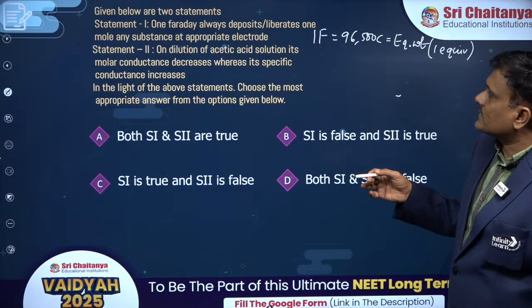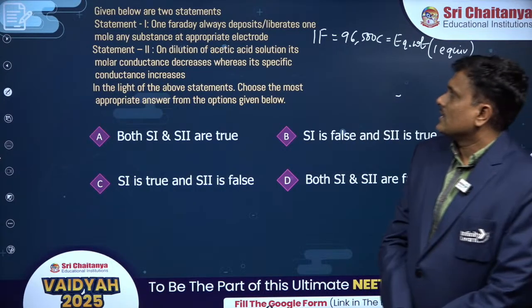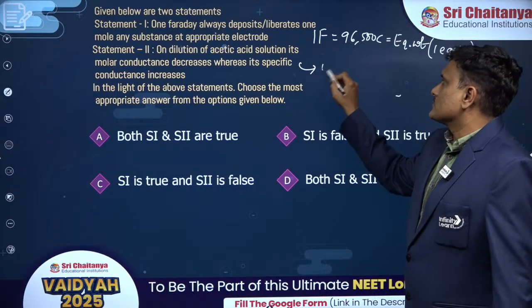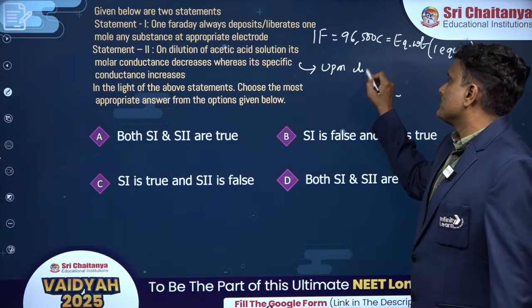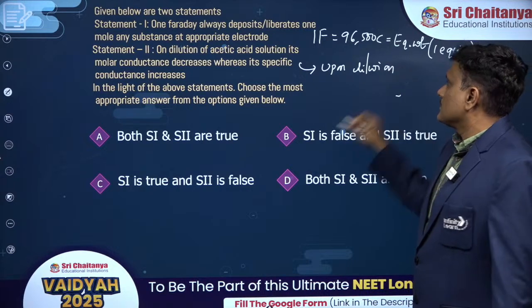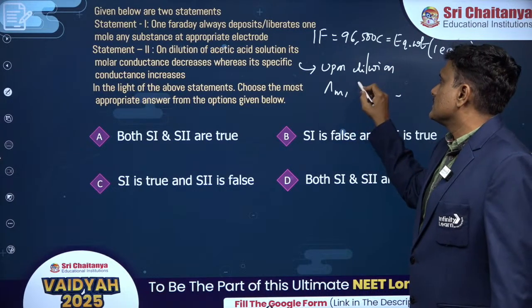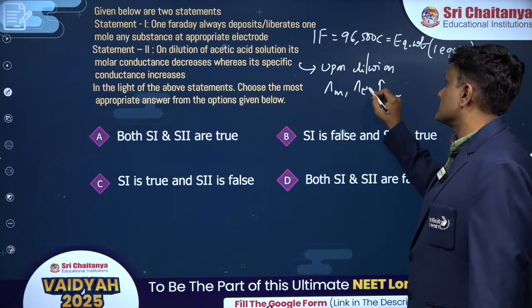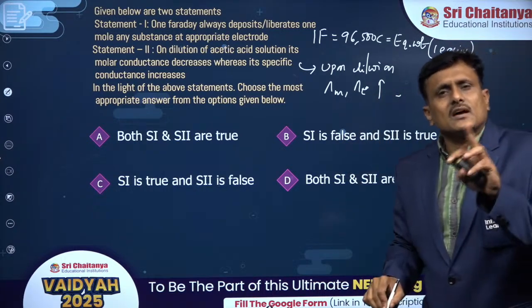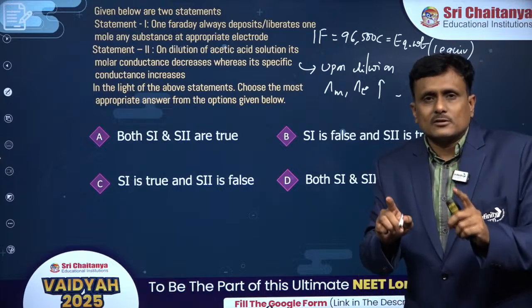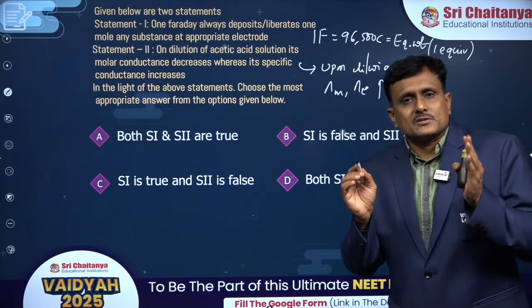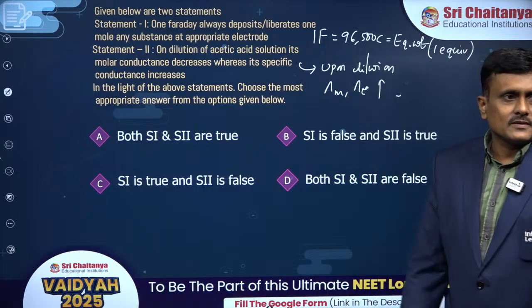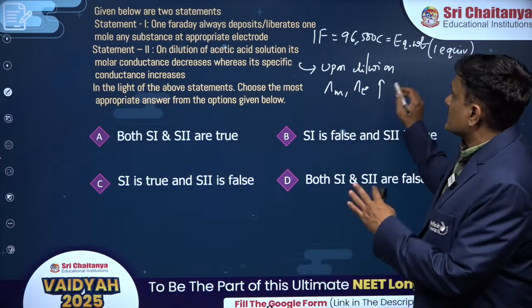On dilution of acetic acid solution, its molar conductance decreases, specific conductance not at all. Remember, always upon dilution, molar conductance and equivalent conductance increase because more ions are formed, isn't it? Upon dilution, alpha, the degree of dissociation, increases, the concentration of ions increases, therefore conductance increases.